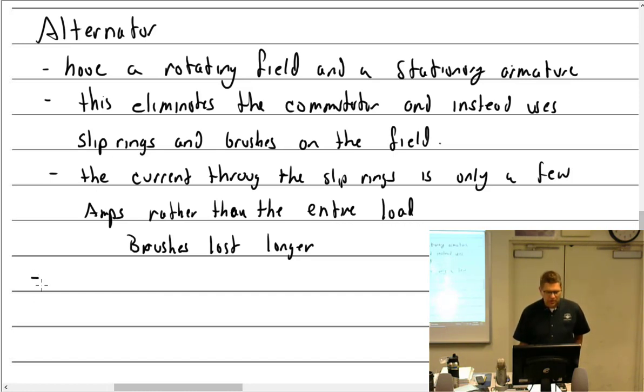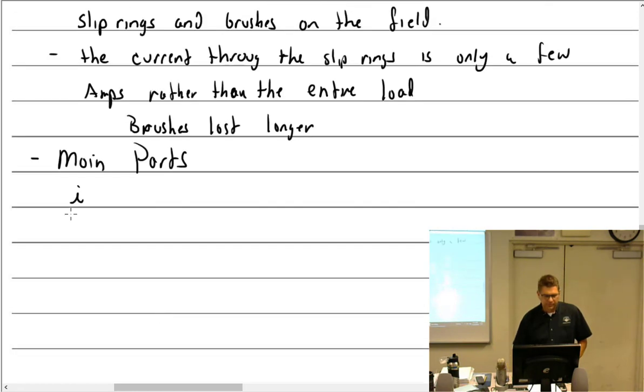All right. So what else do we have here? Let me try to get all the main points. So main parts. Talked about them. What are my main parts? I need 3. So stator, also called the what?